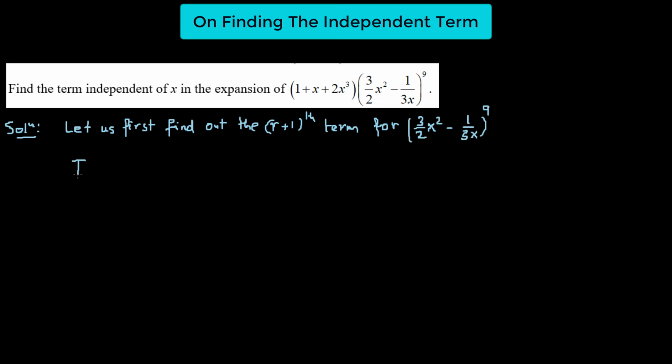So we'll get T(r+1) equal to 9Cr times (3/2 x squared) raised to the power of 9 minus r times (negative 1 over 3x) raised to the power of r.